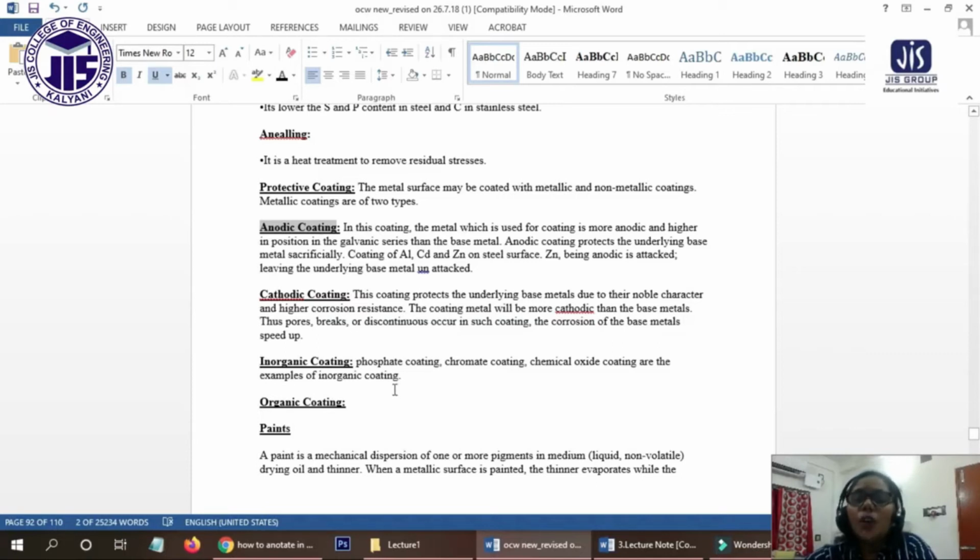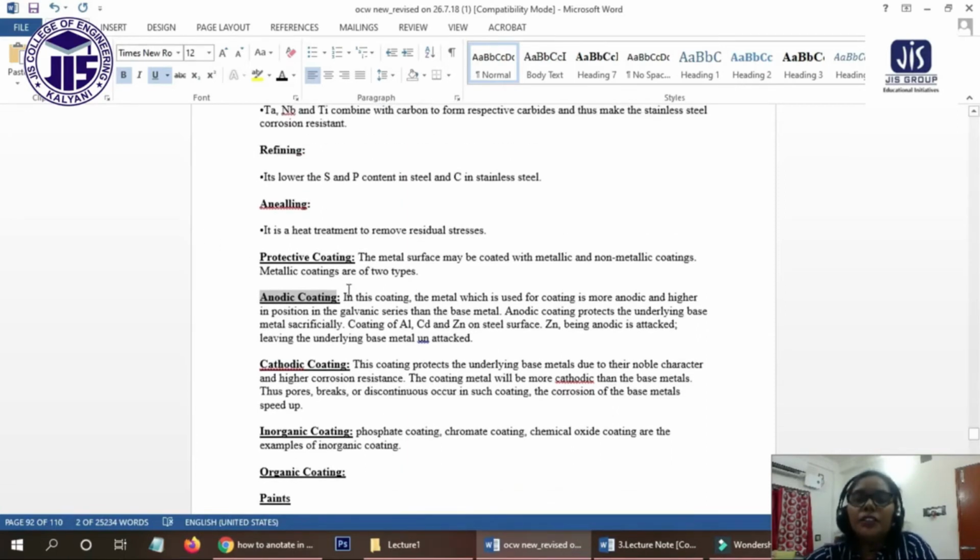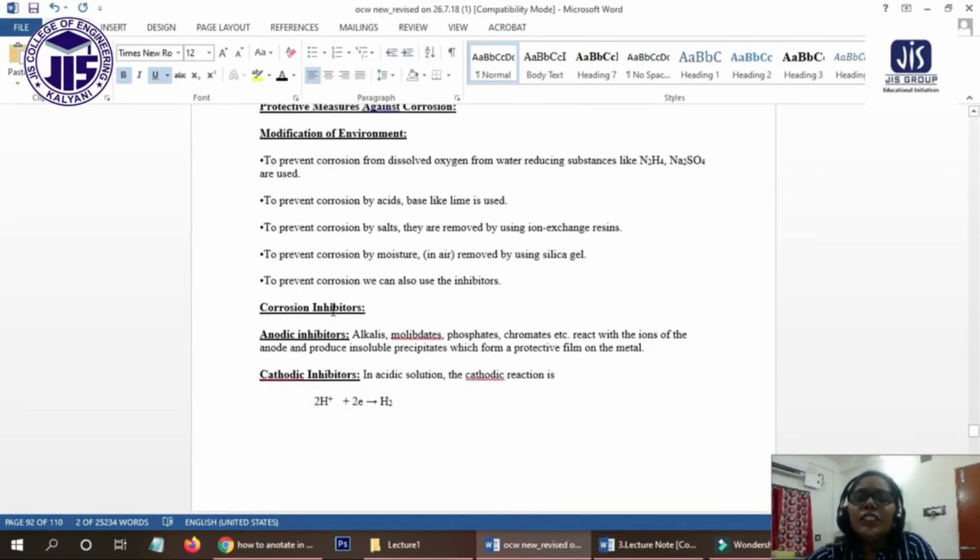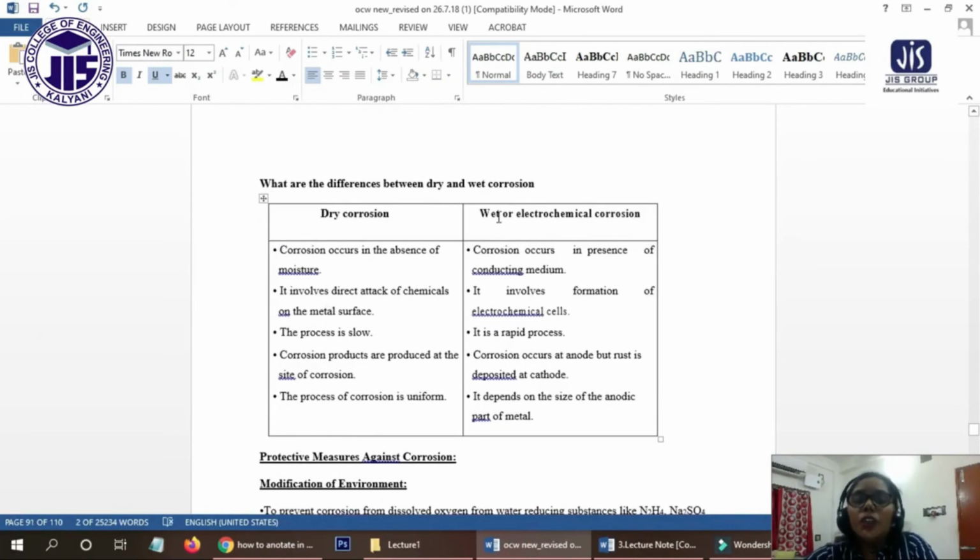So these are all the prevention procedures that we can apply to prevent metals from corrosion. So this is the end of the chapter, right? Now I'm repeating the topics that we have discussed today. The first topic was dry corrosion, the examples, and the differences between dry corrosion and wet or electrochemical corrosion, a very important topic.